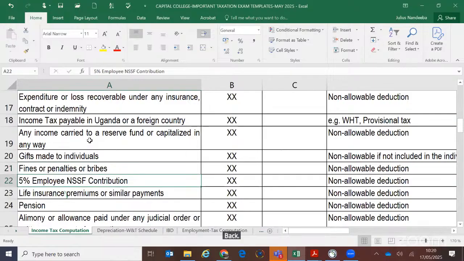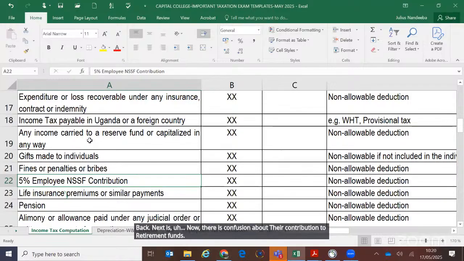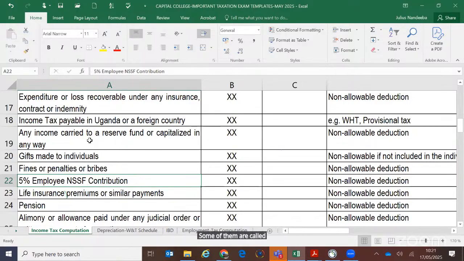Next, there is confusion about contributions to retirement funds. Here I'm giving NSSF as an example. Retirement funds are many. Some of them are called provident funds, others are just called retirement funds, but the famous one we know is NSSF.